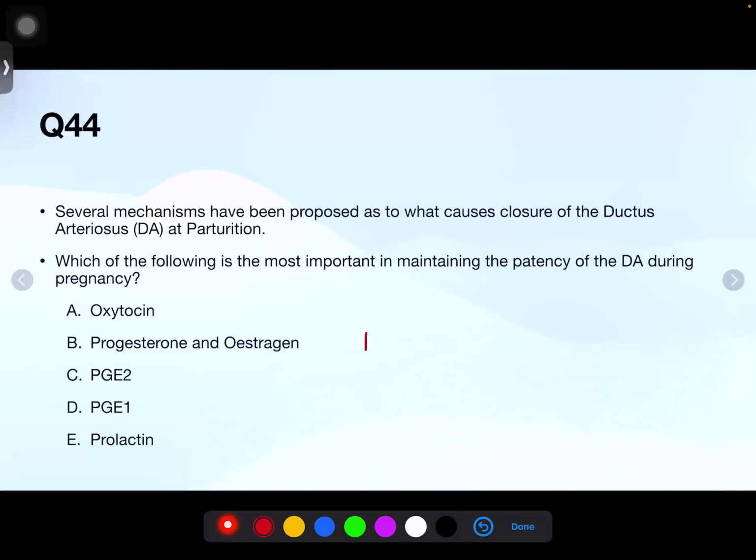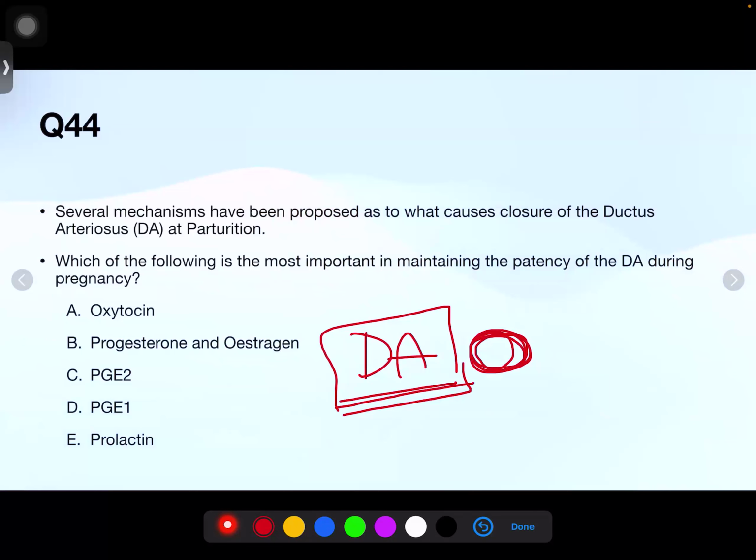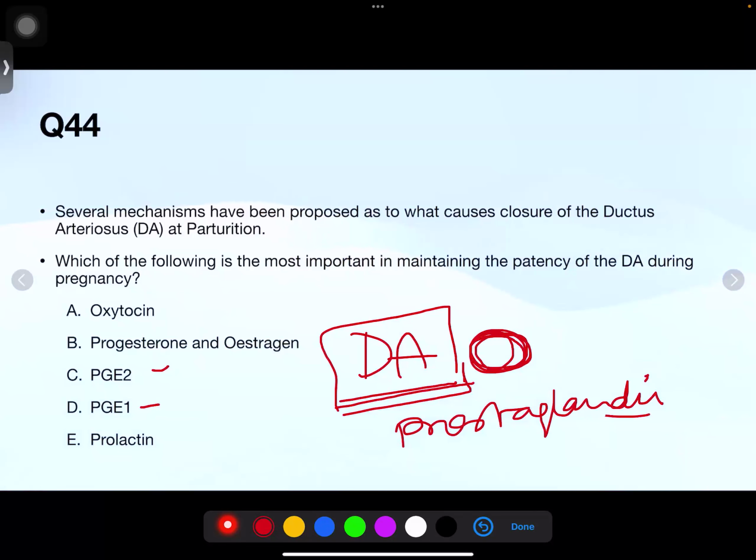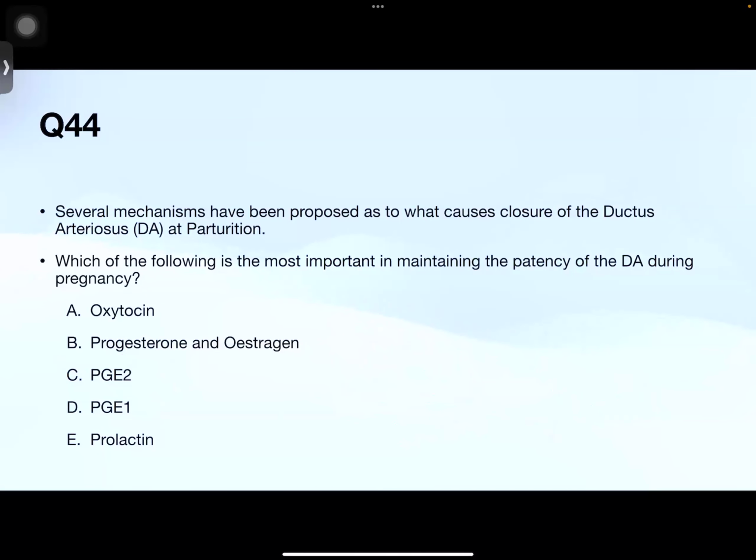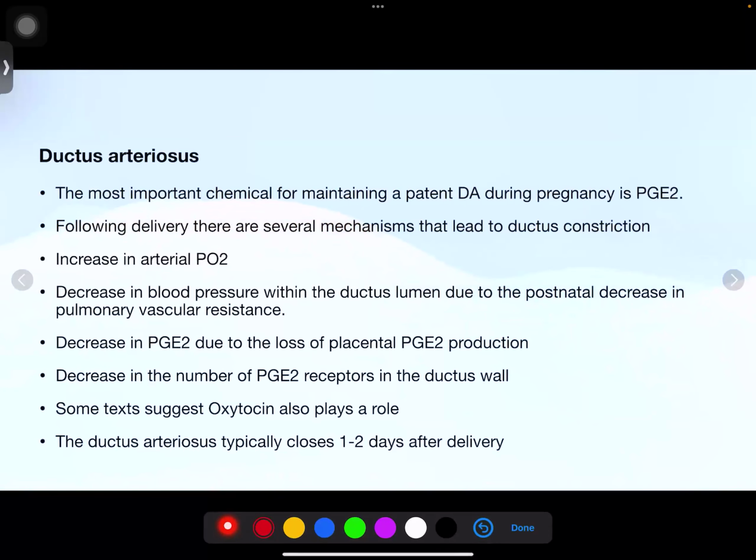So, basically, the ductus arteriosus आपका pregnancy में open रहता है ना, ठीक है? तो क्या चीज है जो उसको ओपन रखती है? डक्टस आर्टेरियोसस. कोई प्रोस्टाग्लैंडिन्स होते हैं. अब E1 है E2, बेसिकली तो दोनों ही करते हैं, लेकिन ज्यादा जो प्रोस्टाग्लैंडिन है ना वो PGE2 करता है. ठीक है, सो PGE2 इज इम्पोर्टेंट फॉर पेटेंसी ऑफ डक्टस आर्टेरियोसस. अच्छा जी, सो द मोस्ट इम्पोर्टेंट केमिकल आपका PGE2 है.